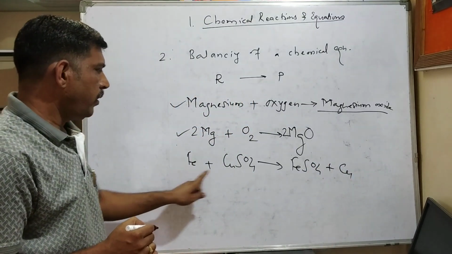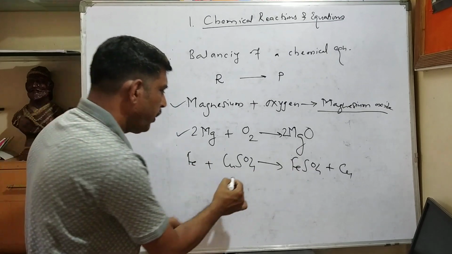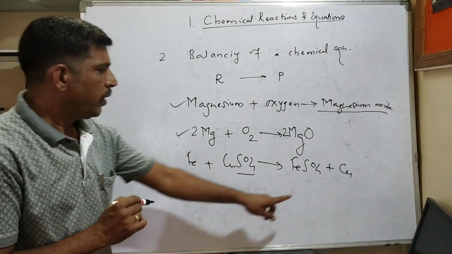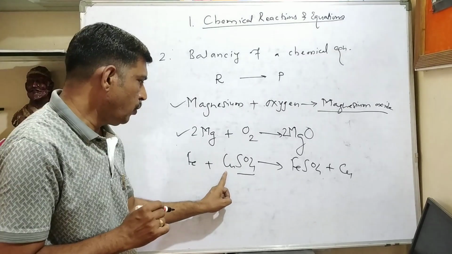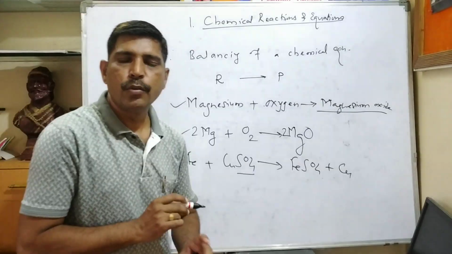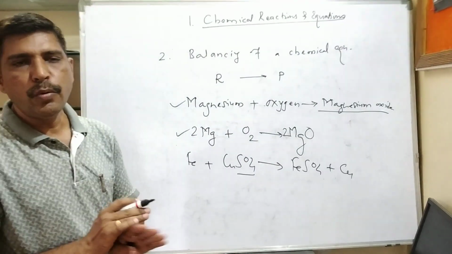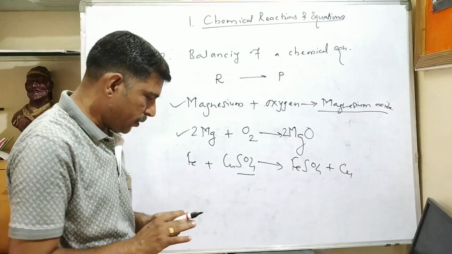Here, one iron, SO4 complete, this is a polyatomic ion, SO4 1, Cu 1. So for this reaction there is no need to balance the chemical reaction.